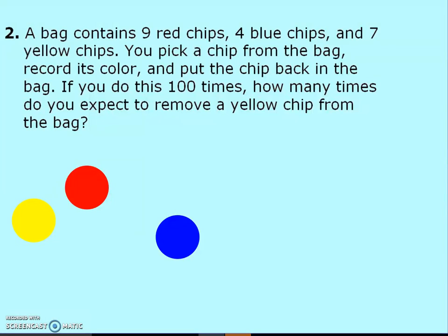A bag contains 9 red chips, 4 blue chips, and 7 yellow chips. You pick a chip from the bag, record its color, and put the chip back in the bag. If you do this 100 times, how many times do you expect to remove a yellow chip? So we have probability of yellow. In this bag, I have 7 yellow out of 9 plus 4 is 13 plus 7 is 20.